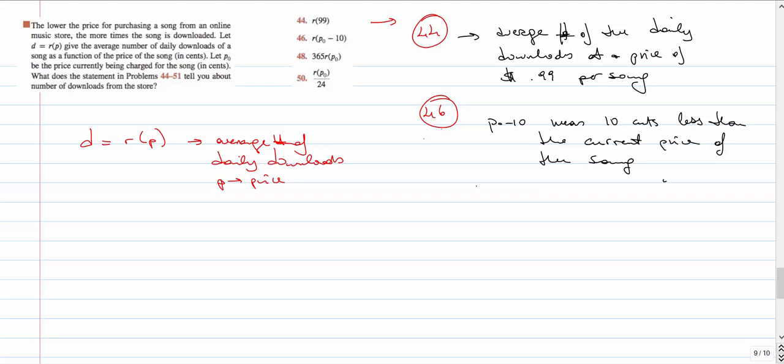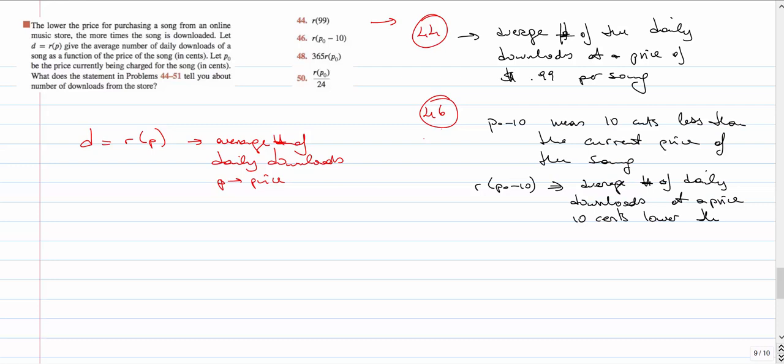So R of P sub 0 minus 10 means the average number of daily downloads at a price 10 cents lower than the current price.